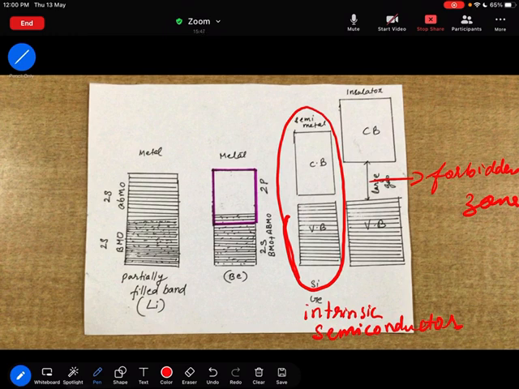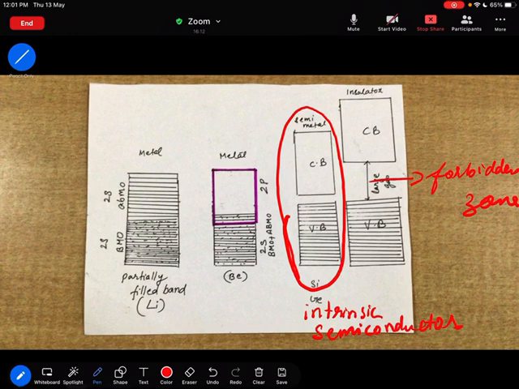By doping also you can increase the conductivity. Doping means adding impurity. So by doping, if you are increasing the conductivity, then we call it an extrinsic semiconductor. Their conductivity can be increased by adding an appropriate amount of suitable impurity.